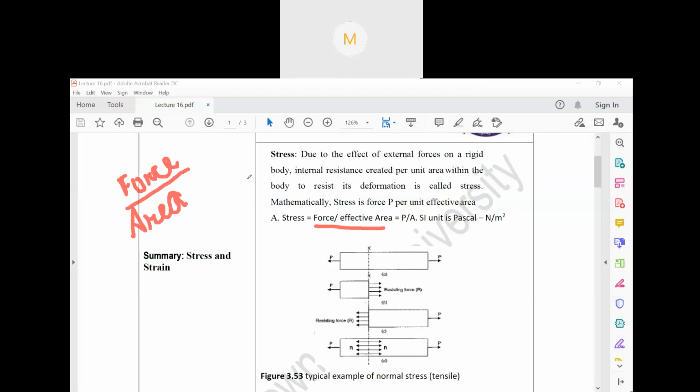Stress is force per unit area. Now the unit of stress is Pascal or Newton per meter square.